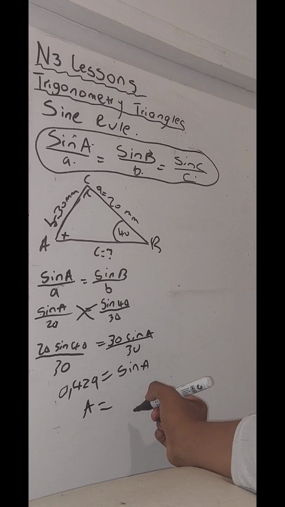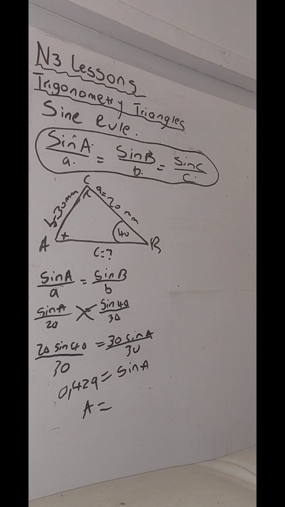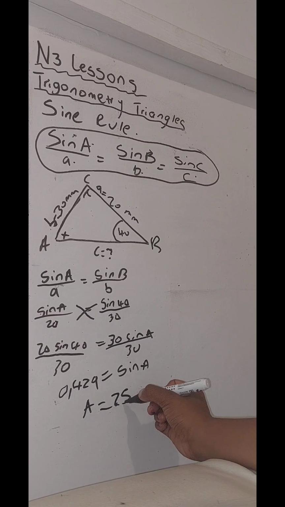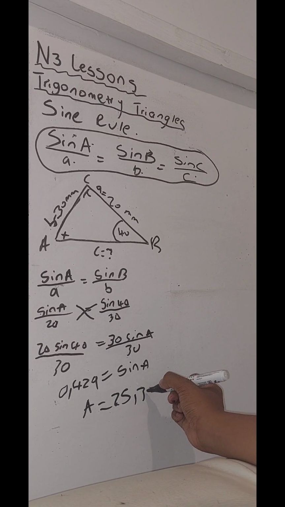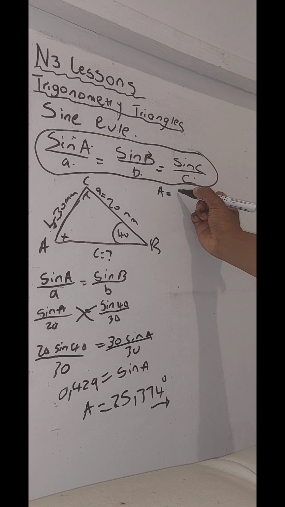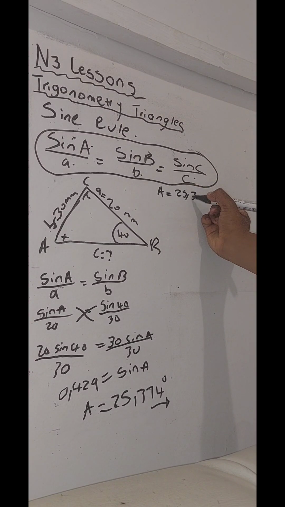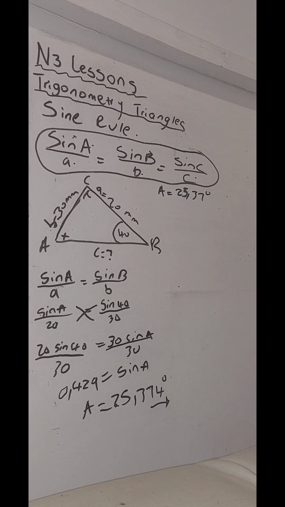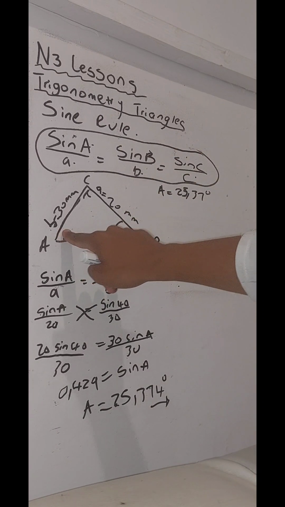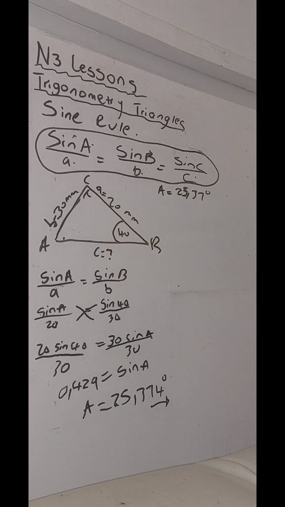For angle A, we take the inverse sine of the answer we just got. I get my A to be 25.374 degrees. So angle A is 25.37 degrees. And let's move on. We got this now. Let's move on to solve for C.